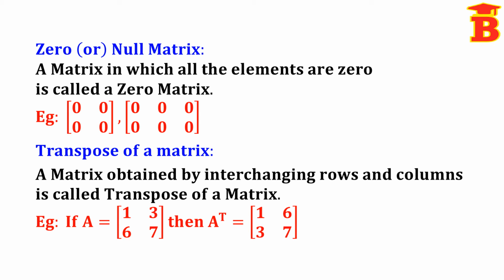So this first row 1, 3 can be written in the first column 1, 3. And take the second row 6, 7 and write it as second column 6, 7. So interchanging rows and columns is called transpose of a matrix.